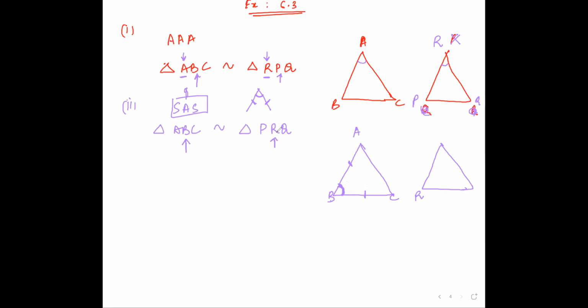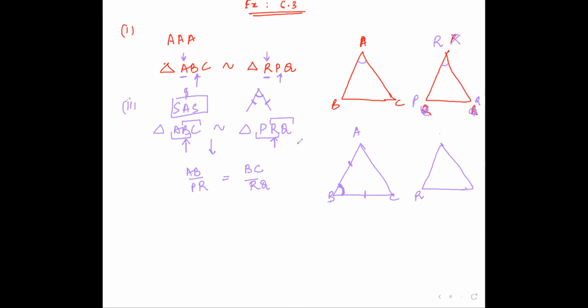And angle R. This also means that side AB is proportional to PR, and BC is proportional to RQ. So if I write the criteria, I write AB upon PR is equal to BC upon RQ. So this has to be satisfied.